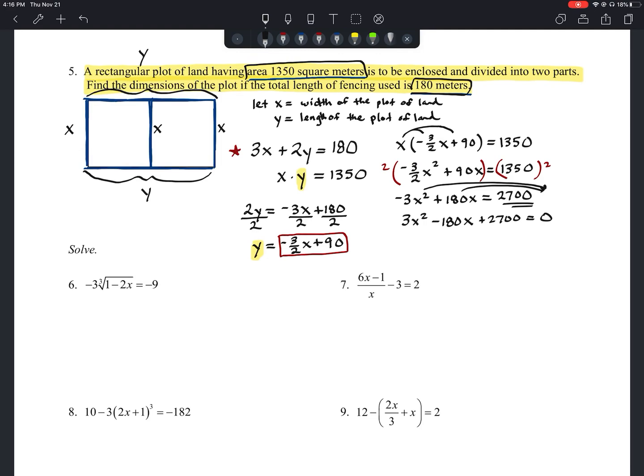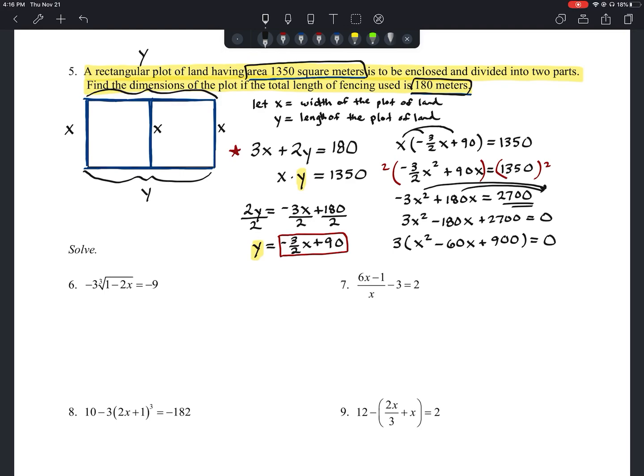So what we're going to do now is just finish solving it here. 3 is a factor of all the numbers in our trinomial, so we'll factor out that 3, and we're left with x squared minus 60x plus, and let's see, that would end up being 900 equals 0.